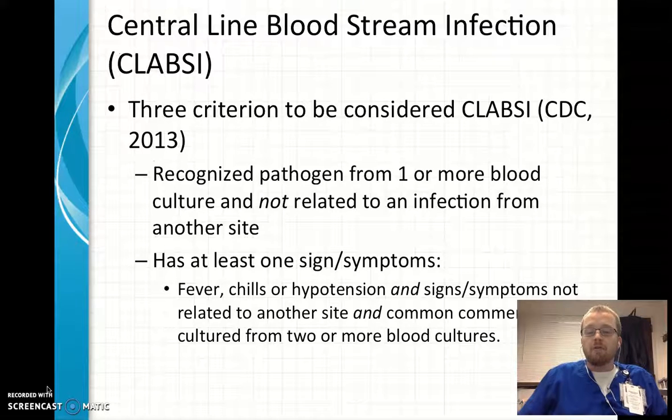So in order for an infection to be considered a CLABSI, there's 3 different criteria that must be met. I've only got 2 listed here because the third one is for neonates. So the first one, a recognized pathogen, has to be recognized from 1 or more blood cultures and cannot be related to an infection in a different part of the body.